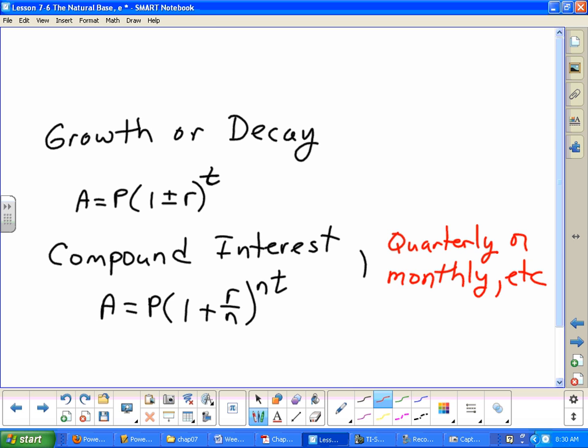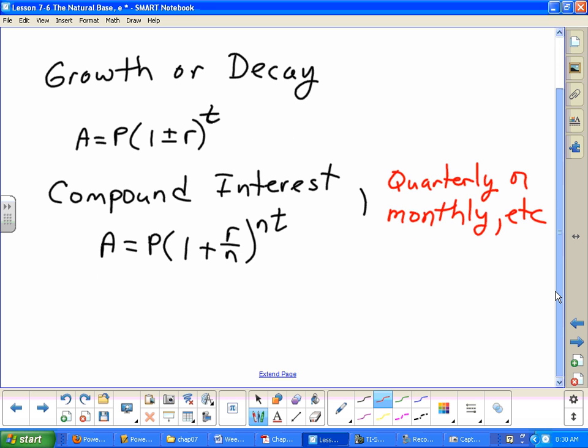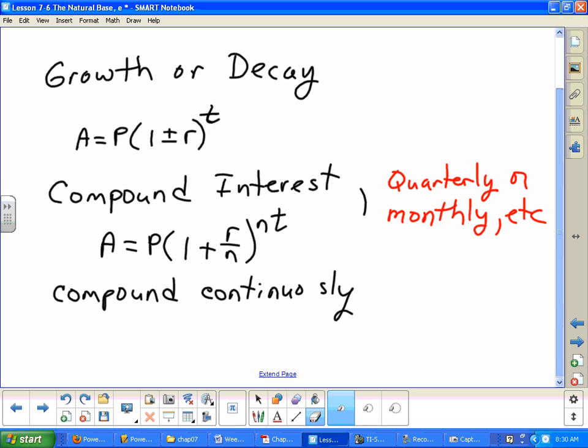And that's where n comes into play. n actually tells us how many times a year we're going to compound interest or calculate the interest. And then if we are going to compound interest continuously, then we will use the PERT formula.